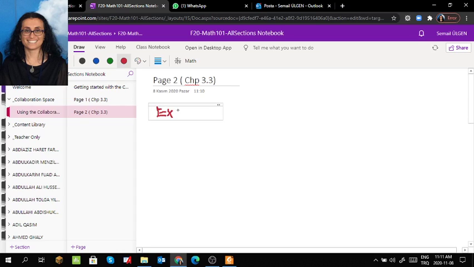Example 1. Find the following derivatives. Here I'm going to make up the question.